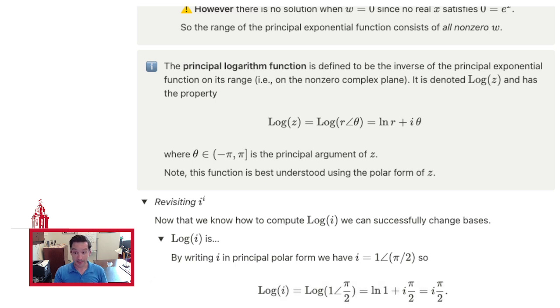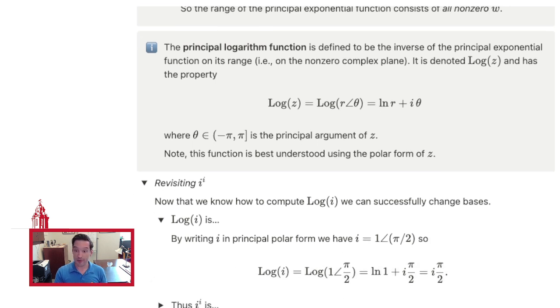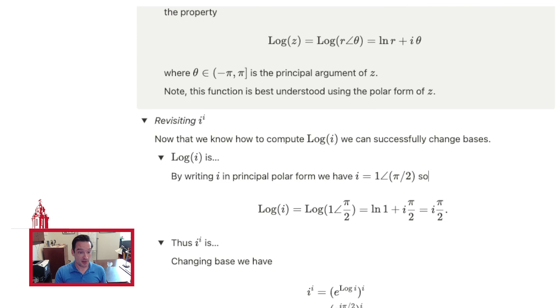And now that we know that, we can compute what is i to the power i. We can just change base. So rewriting the base i as e to the principal log of i, because again, here e to the something is the complex exponential function, and capital L Log is the principal complex logarithm. But the principal complex log of i, we decided was i pi over 2.